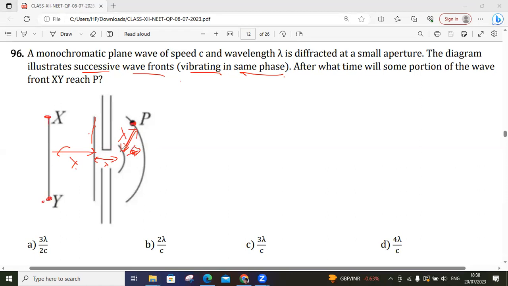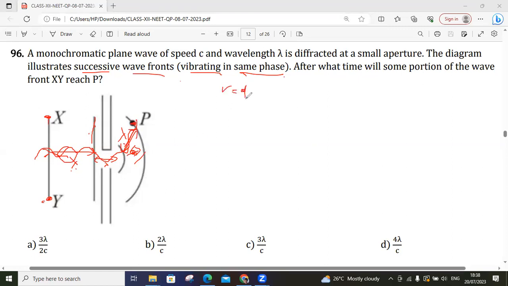How much time will it take? 1 lambda, 2 lambda, 3 lambda. So it has to cover a distance of 3 lambda.